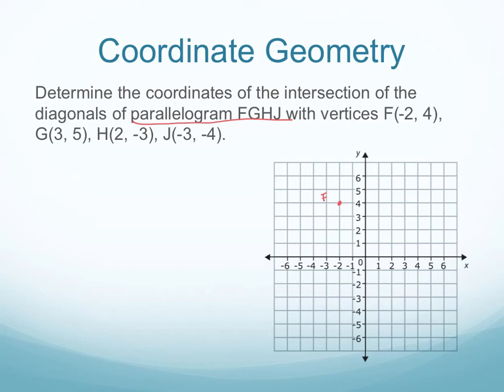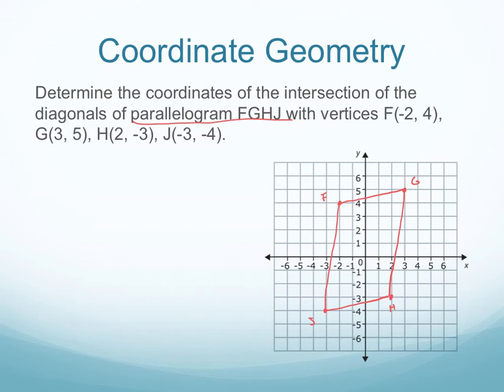G is 3, 5. You may have already figured this out, but I'll just remind you, if you don't plot your points correctly, you run into a lot of problems. All right, so there are my 4 points, and that's my parallelogram.